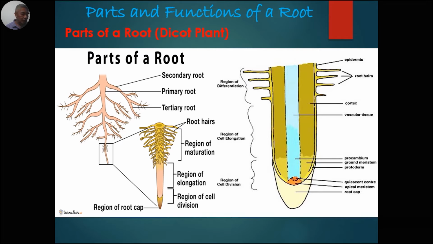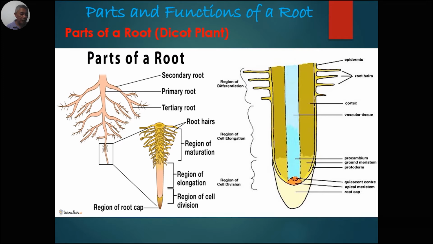Next region is the region of cell division. This one, this region here. This is otherwise known as the region of meristematic cells. Meristematic cells are found just a few millimeters from the root cap. The cells in this region are walled with dense protoplasm.